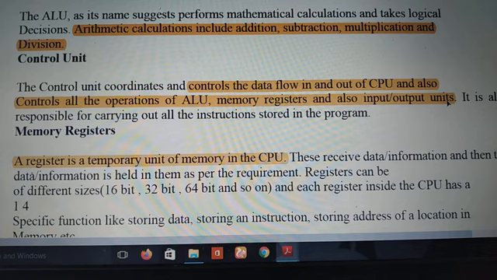The control unit coordinates and controls data flow. As you know from the name also, its function is to control the process and information and the flow of data. The CPU also controls all the operations of the ALU, memory, registers and input output unit. It is responsible for carrying out all instructions stored in the program.